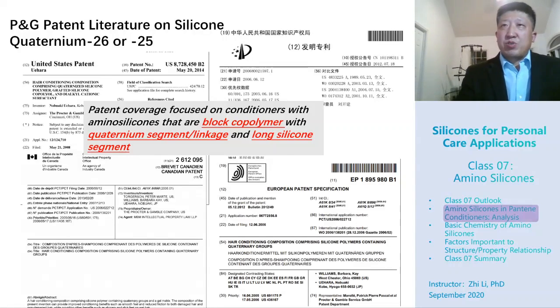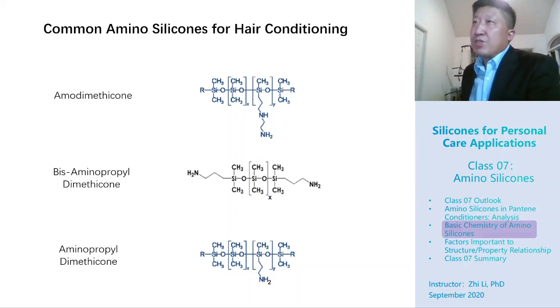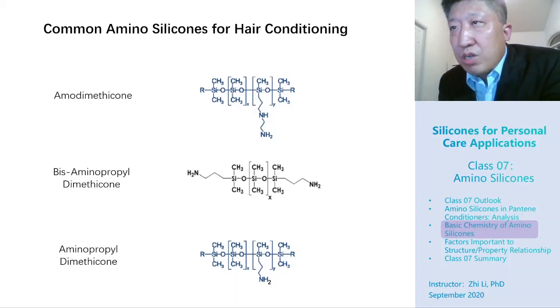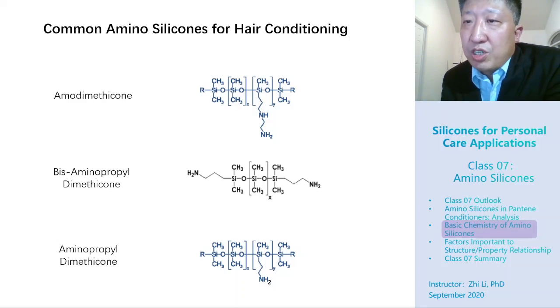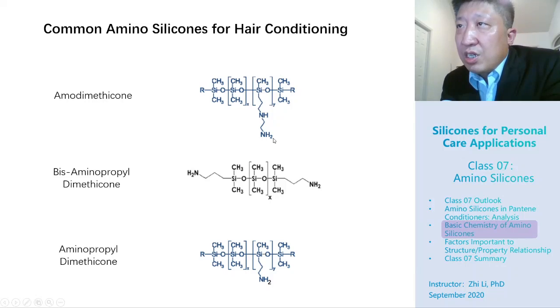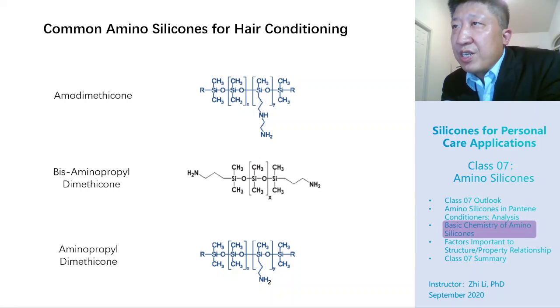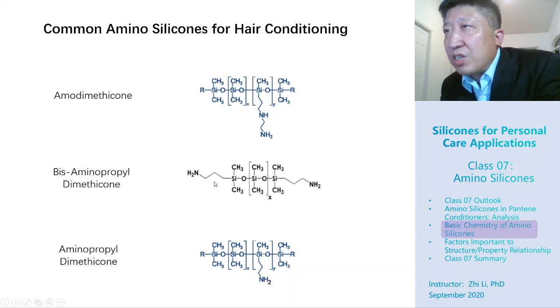Let's review some basic chemistry after all those learnings. Common aminosilicone for hair conditioning, we talked about those structures. It turned out the most common one is amodimethicone. There must be a reason, but let's look at the structure. This aminoethylaminopropyl segment, this whole molecule is actually used prior to hair care, in fabric softeners and similar treatments. It has a secondary amine and a primary amine.